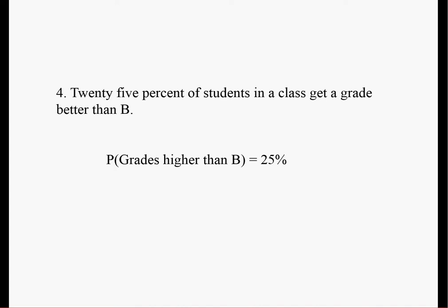It includes B plus, A minus, and A plus. It involves an interval. One end of the interval is B, and the other end goes to B plus, A minus, A plus, and so on and so forth.